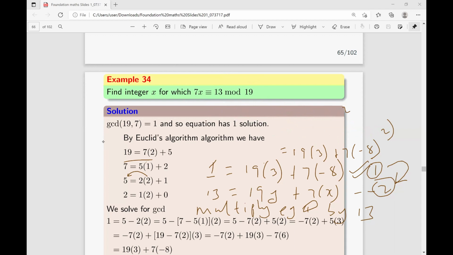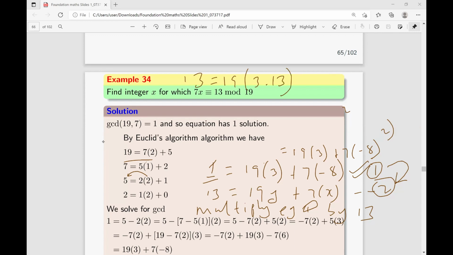Now, I don't really multiply inside the brackets. I want to maintain the numbers 19 and 7. So I multiply inside the bracket. That means this one times 13, I have 13. And then 19, this is 3 times 13.